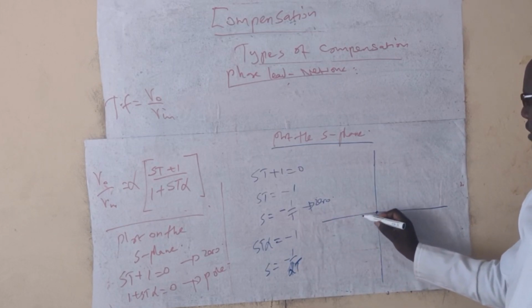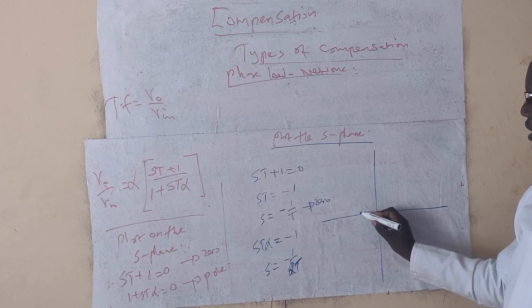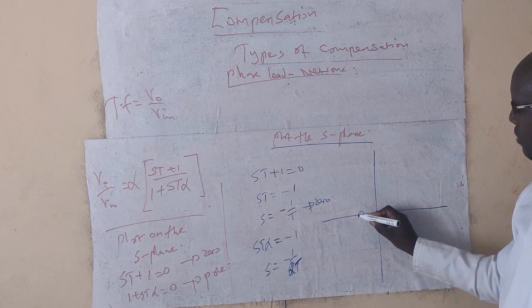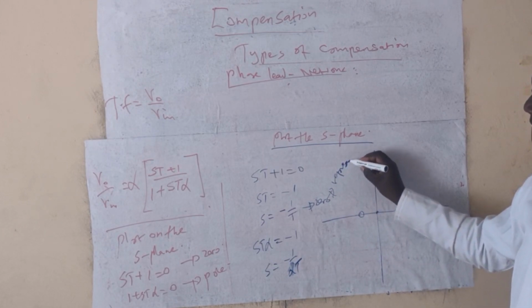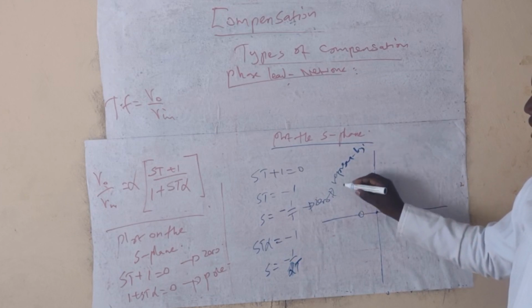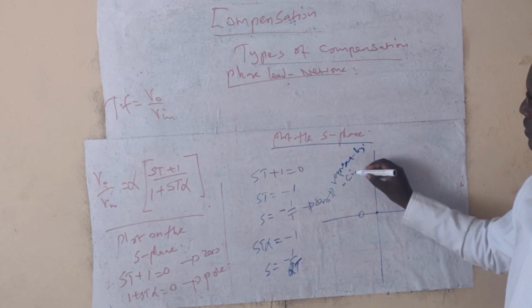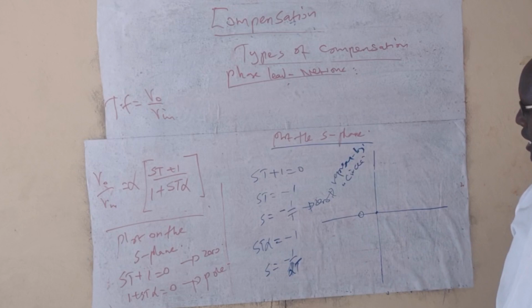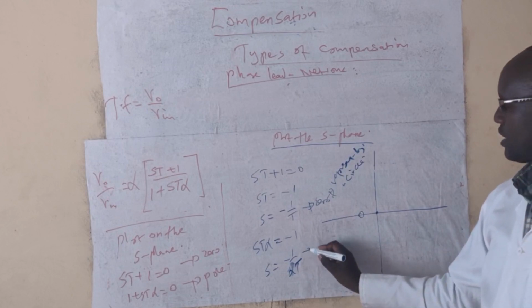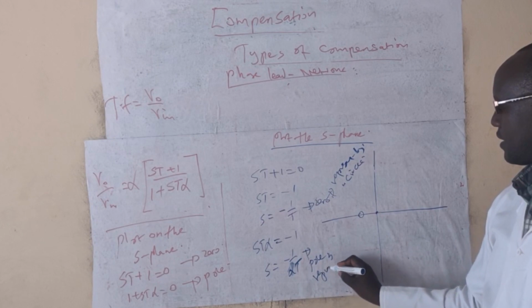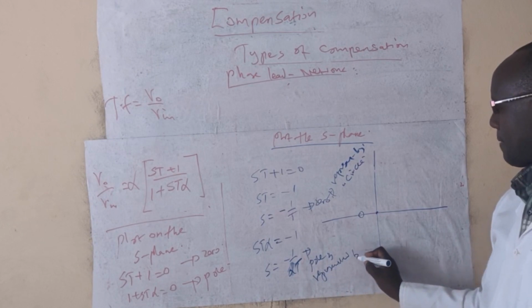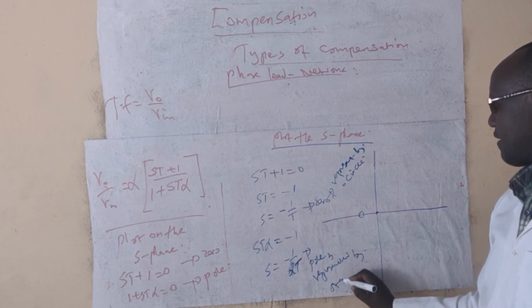Zeros are represented with a circle, and poles are represented by a star.